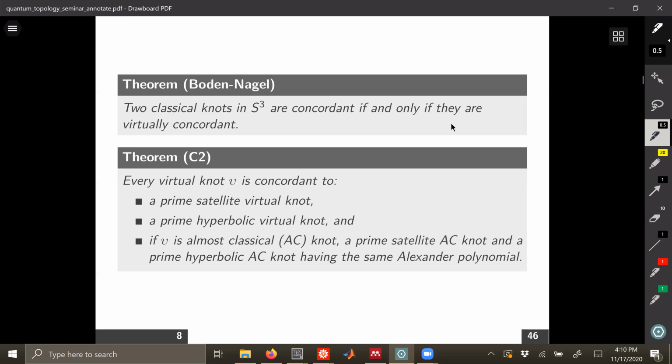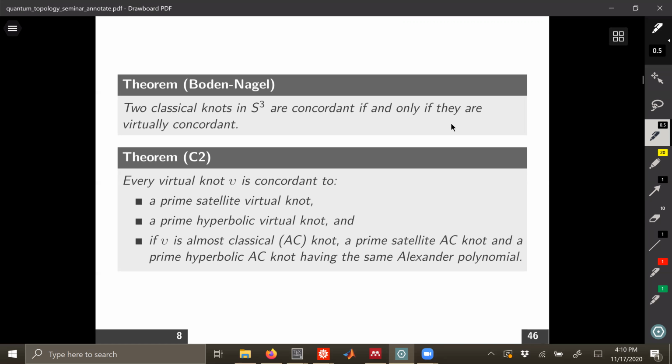But in any event, it's still true that every virtual knot is concordant to a prime satellite knot and a prime hyperbolic virtual knot. And if the knot is almost classical, it is concordant to a prime satellite almost classical knot and a prime hyperbolic almost classical knot, having the same Alexander polynomial.